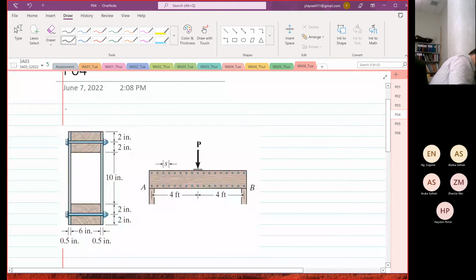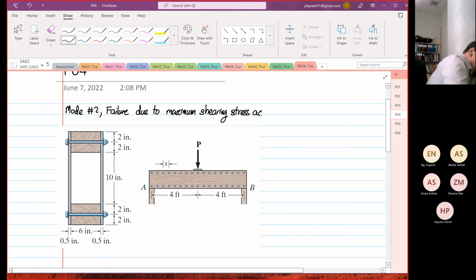So mode 2 is failure due to maximum shearing stress acting at the centroid.